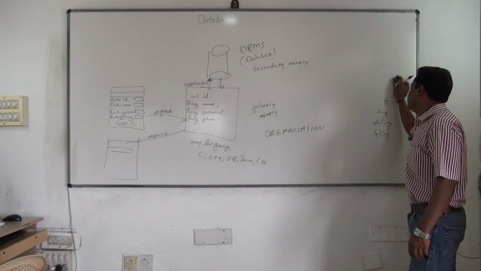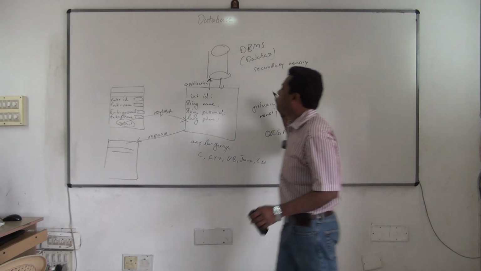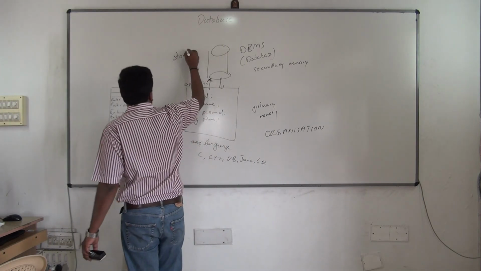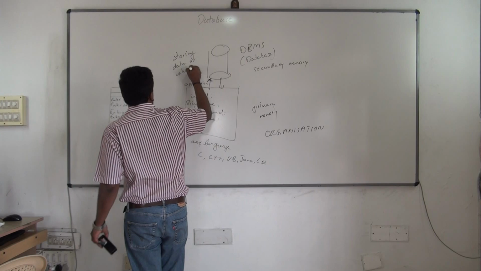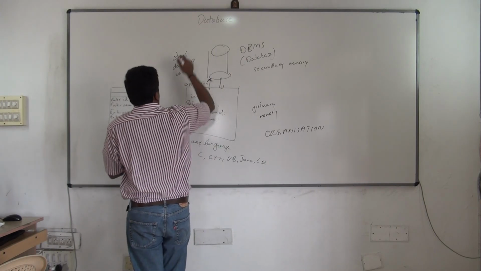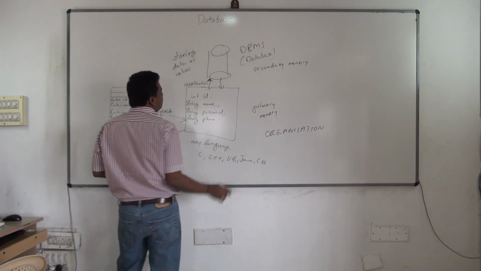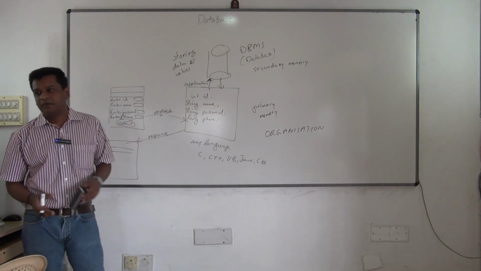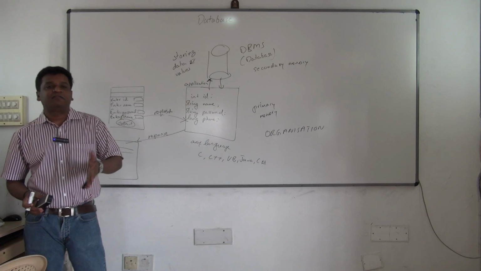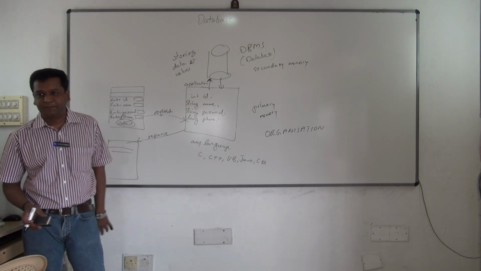So now about database, and database is used for only simple things, storing data or what? Values. Simple word, data means values. So the file management system was replaced with database management system. Now see, database is different, database management system is different.